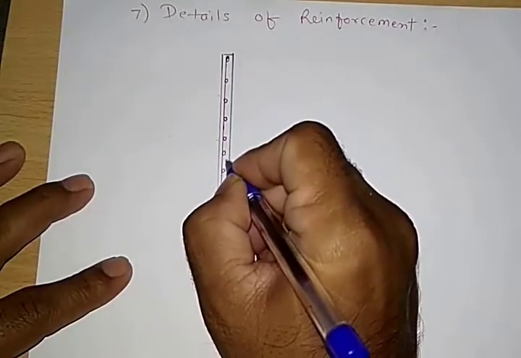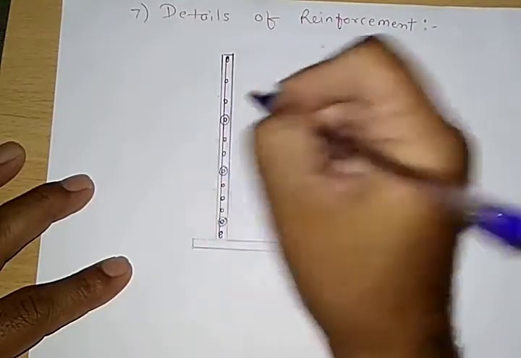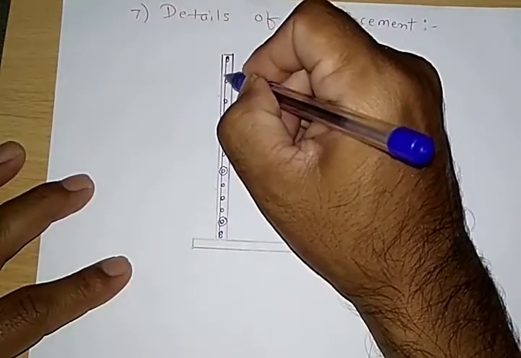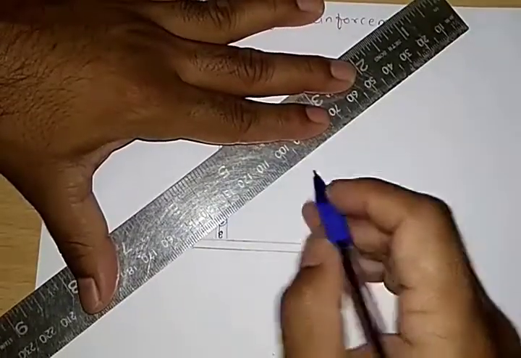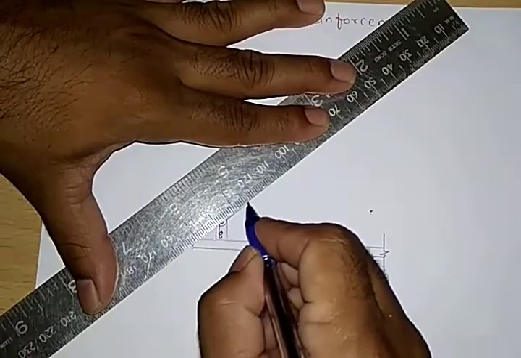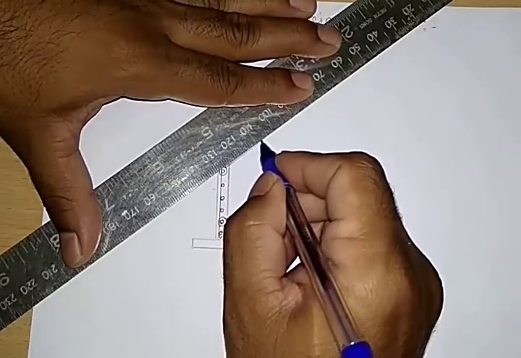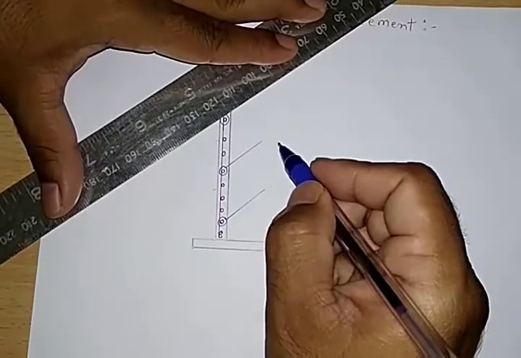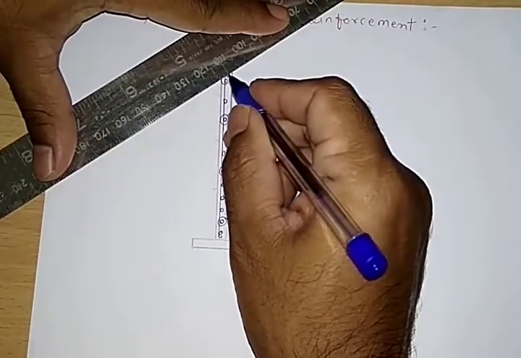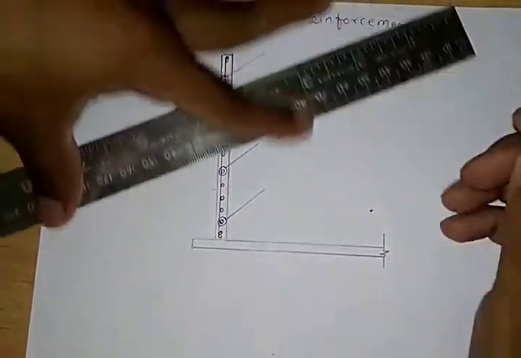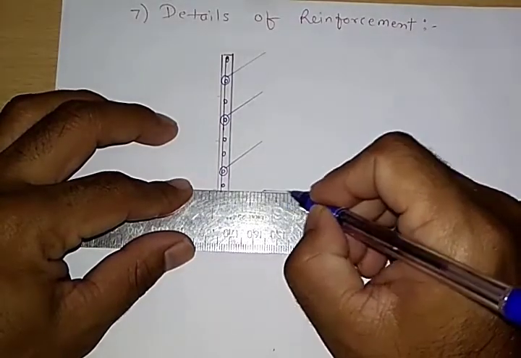So I'll just round it up so that I can mark those bars. I am going to mark it likewise, because at the different depth, the spacing varies.